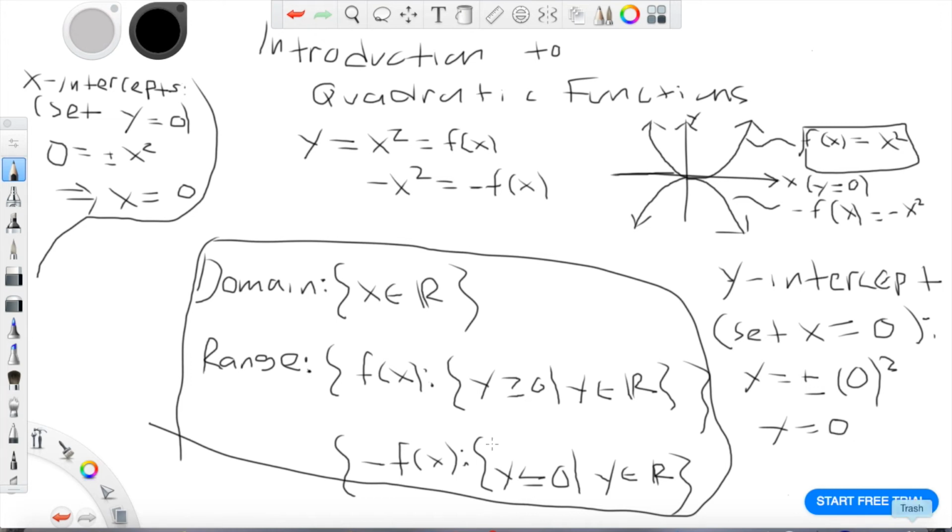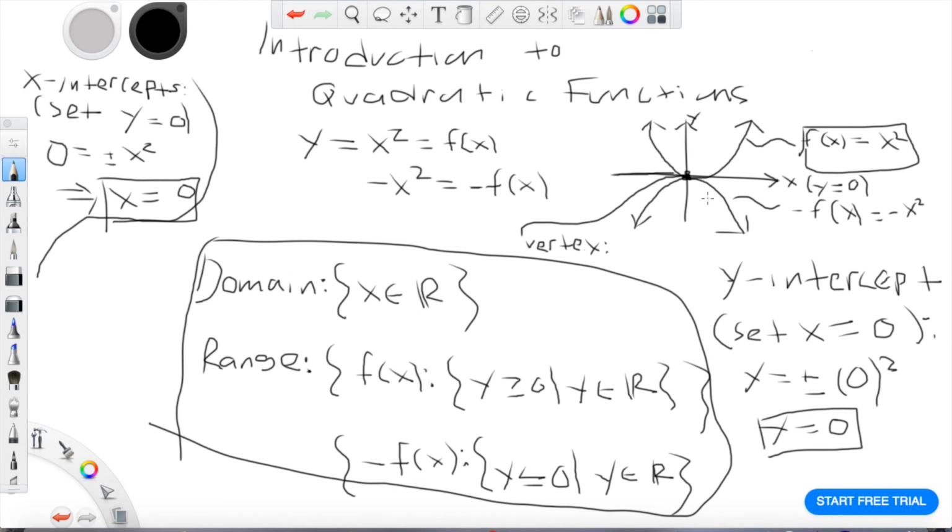But if we look at these points right here, if we look at our x-intercept and the y-intercept, they perfectly match this point right here, which is the middle point of the parabola. So this middle point right here is called the vertex. And the vertex is that middle point right here.